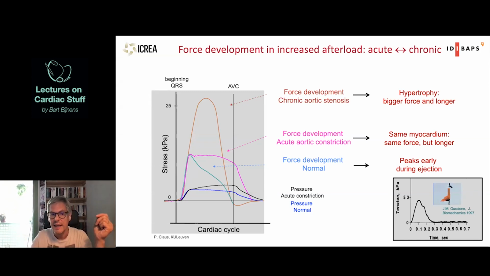The disadvantage now is, of course, that at the end of the cycle, at the moment that you should go into your diastole, in your filling phase, you still have your cross bridges bound, because you're still actively developing force. So that means that your tissue is now much stiffer.